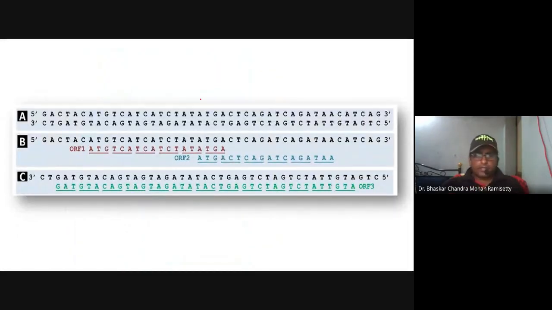So here is a DNA sequence shown in A, and you have to be very careful about finding open reading frames. An open reading frame always starts with a start codon, that is ATG, and here you have a stop codon, that is this. Sometimes you may also have overlapping ORFs, that is, it starts from here, the reading frame is here, and then it goes continuous, and then you may have a stop.